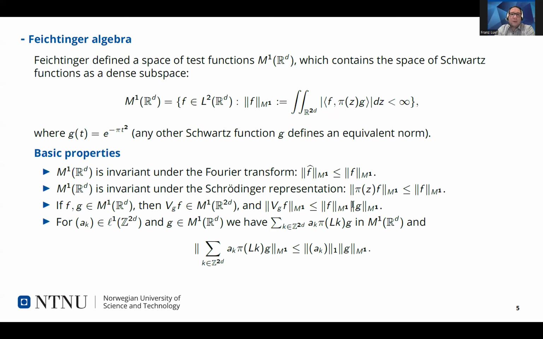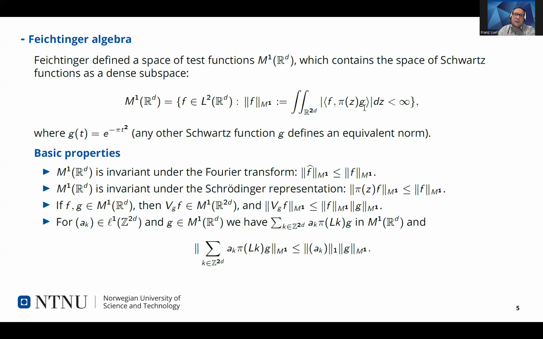And it's defined in terms of the matrix coefficients of the representation. So we impose that these matrix coefficients are integrable for a fixed nice function g. So let's say a Gaussian, but you can also take any other Schwartz function, and you get an equivalent norm.